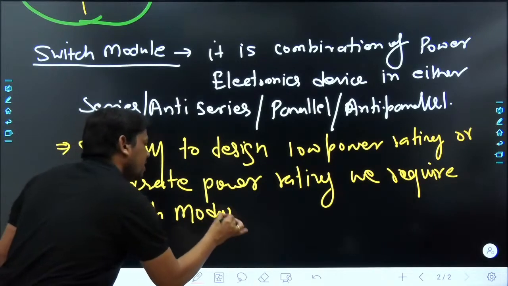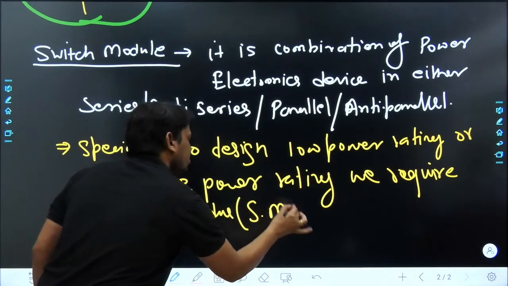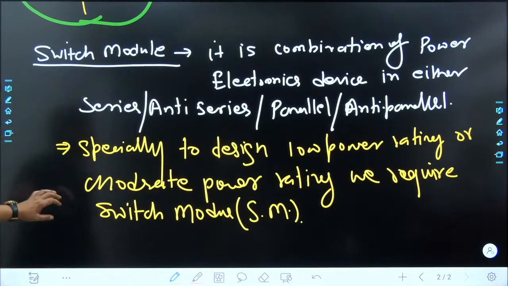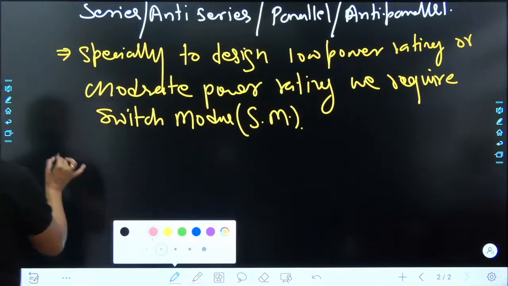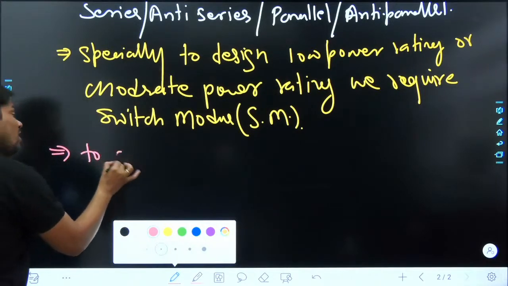Next time I will write switch module like this, SM only. Okay, SM only. Now tell me, is it clear? Now what about the next thing? So I want to write to control harmonics.